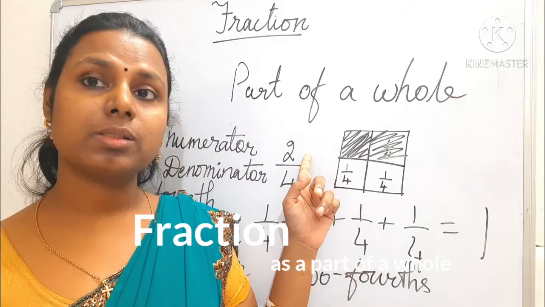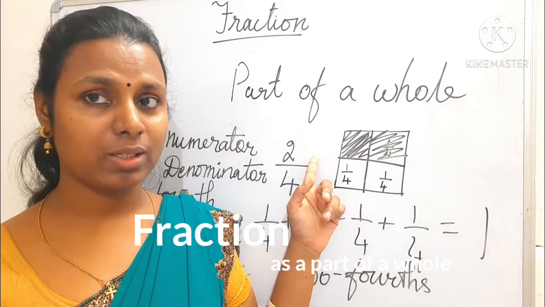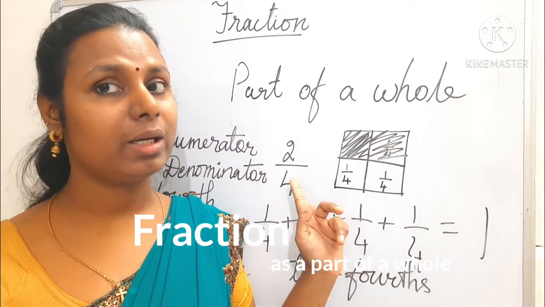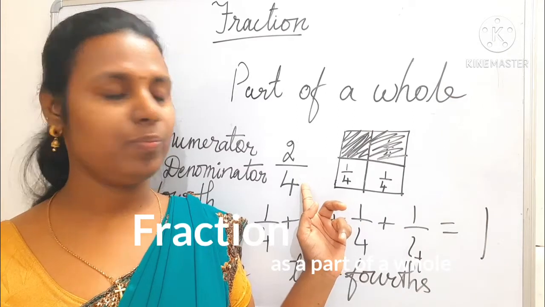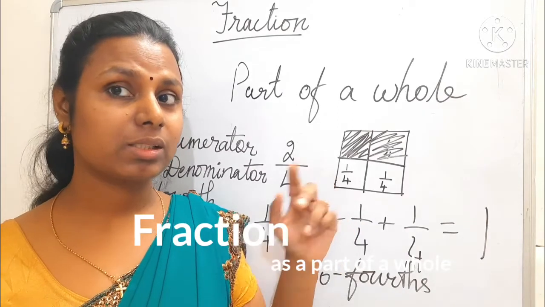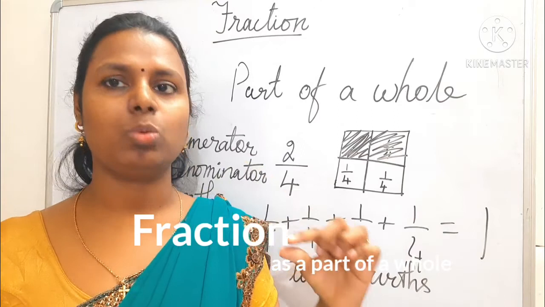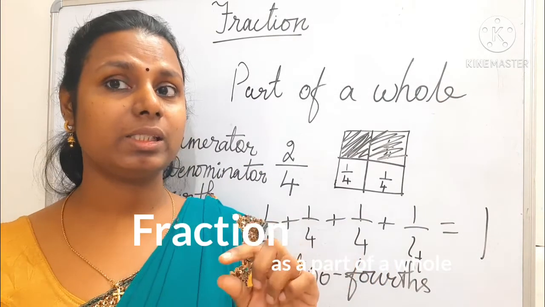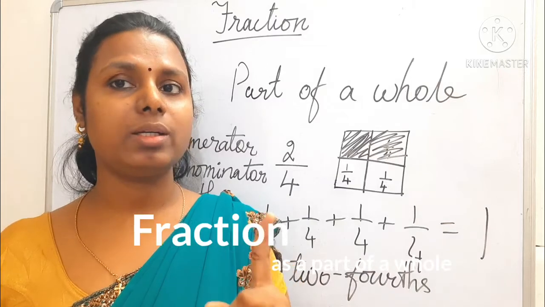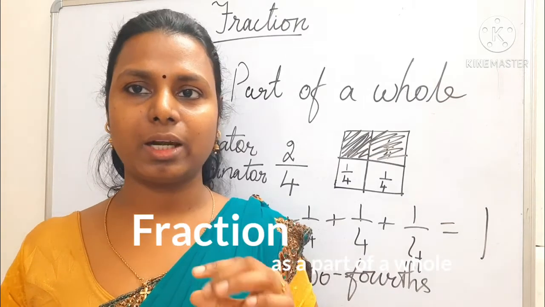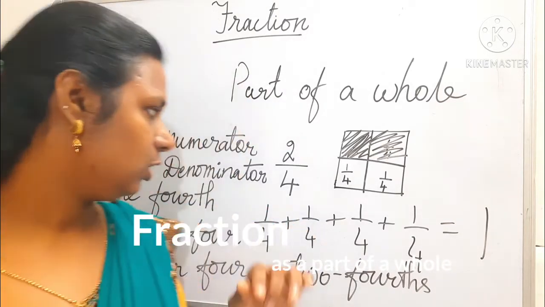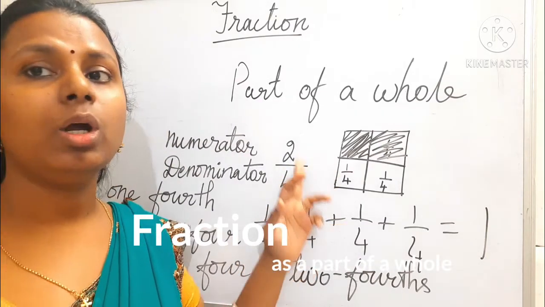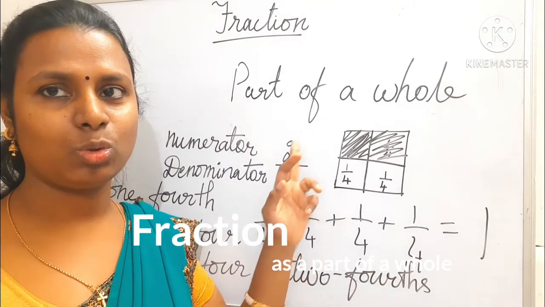The top one is called the numerator. The down one is called the denominator. The numerator is said as normal, cardinal counting, but the denominator is read by ordinal counting. So here we call this one 2/4.